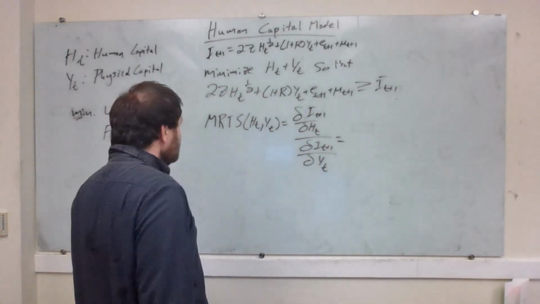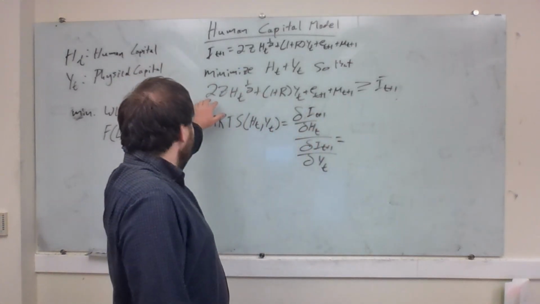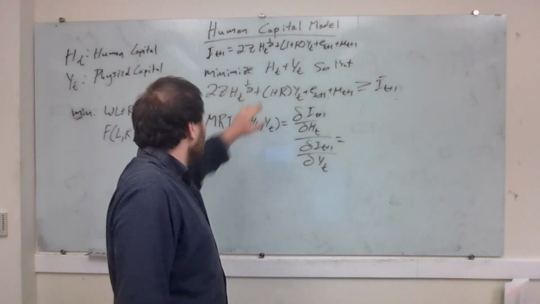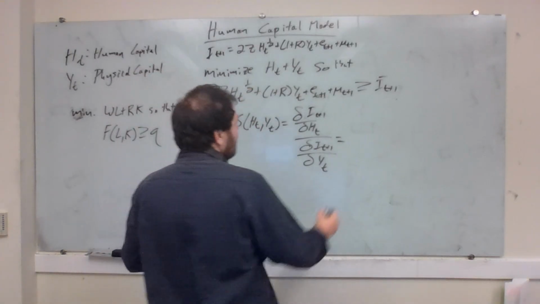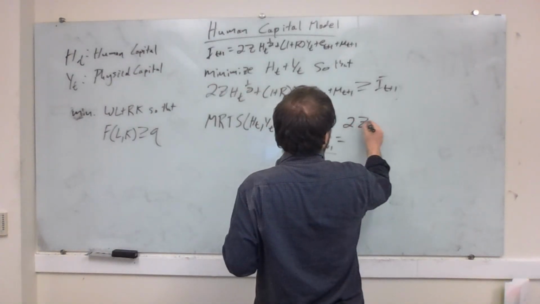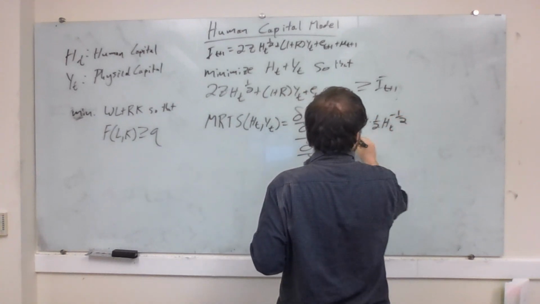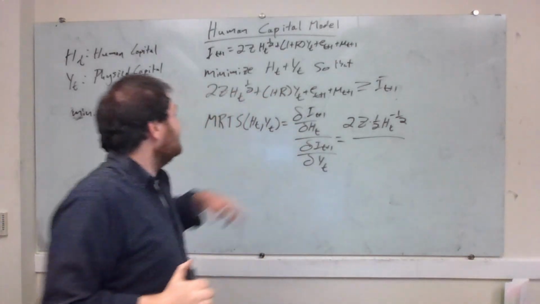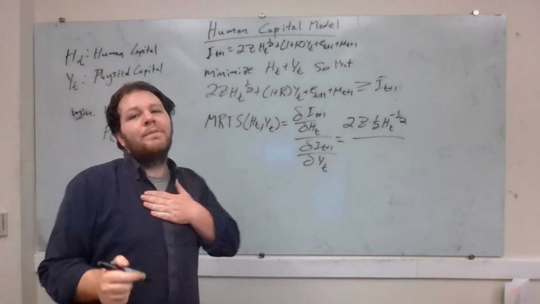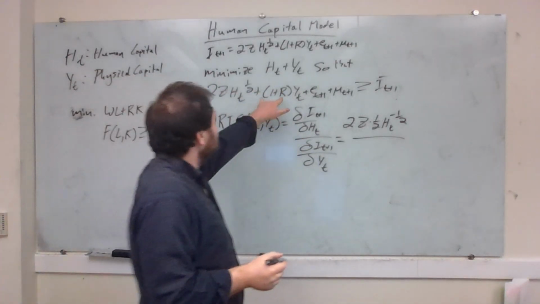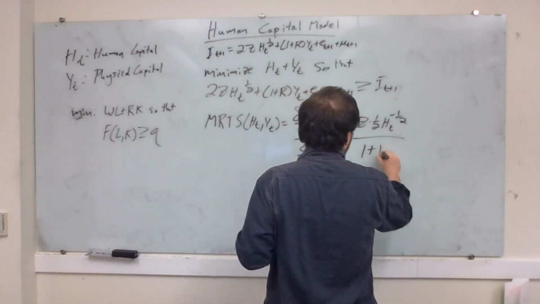So what's dI/dH_t? Well, it's the derivative of 2z times H_t to the 1/2 with respect to H_t, which is 2z times 1/2 H_t to the negative 1/2. And what's the derivative of I_{t+1} with respect to Y_t? Lovely and simple. It's just going to be 1 plus r.